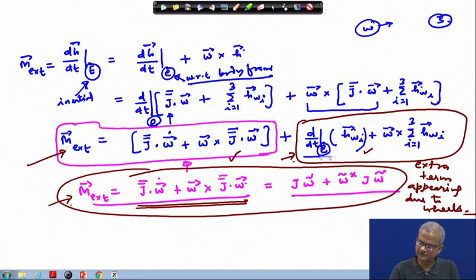This term is separate, this term is separate, this is one term and this is one term.